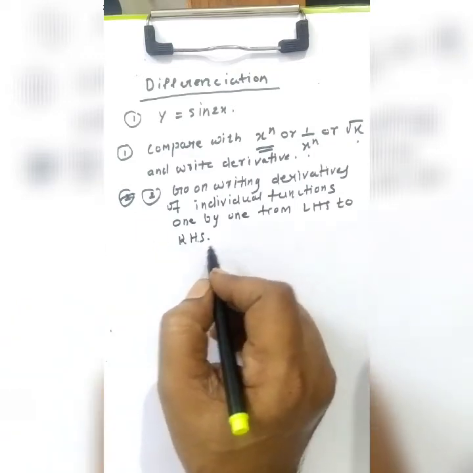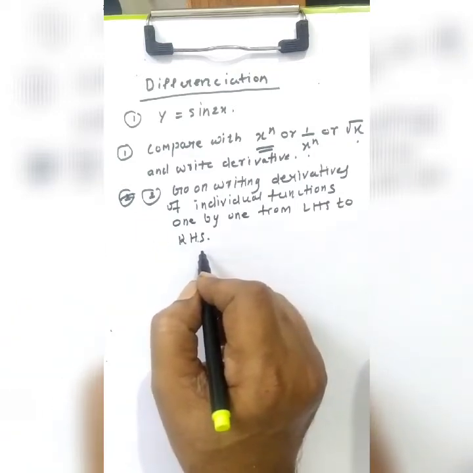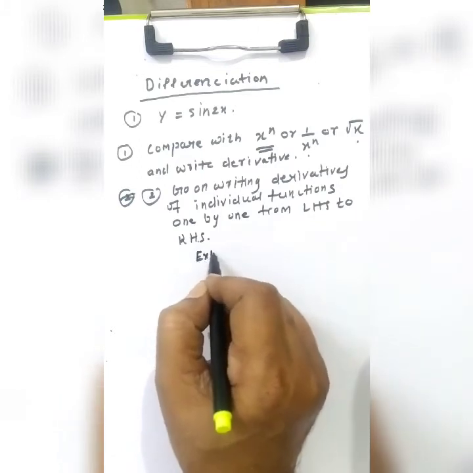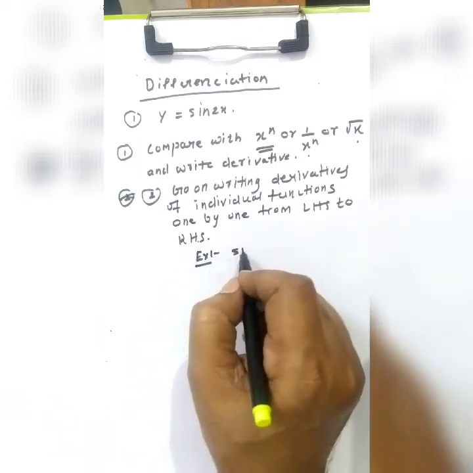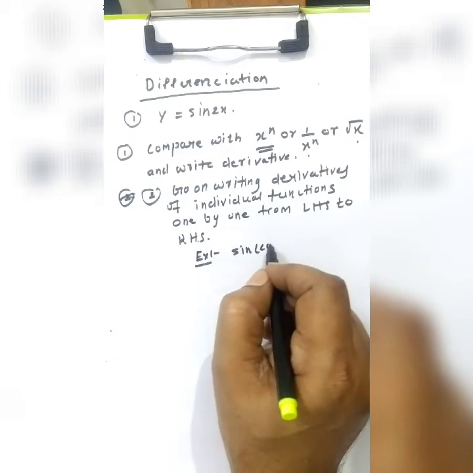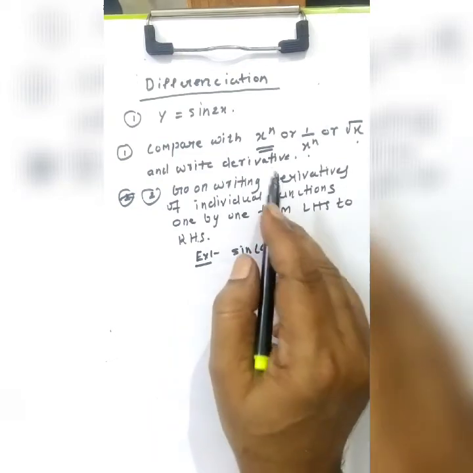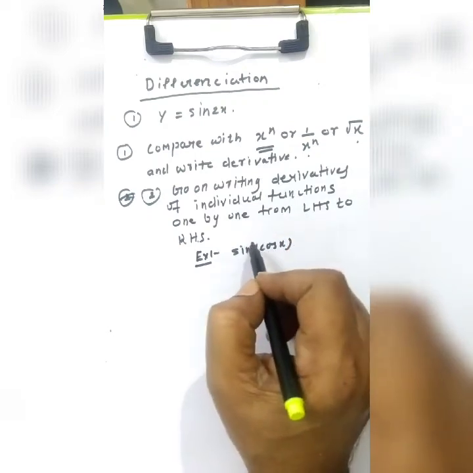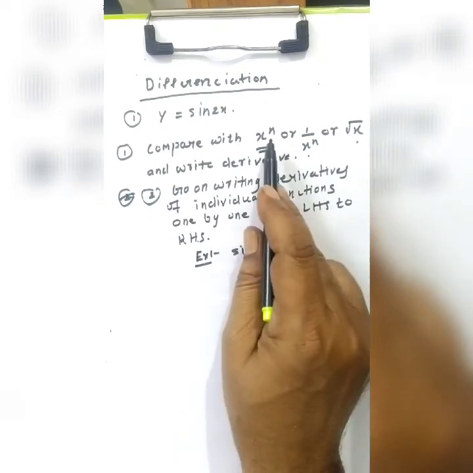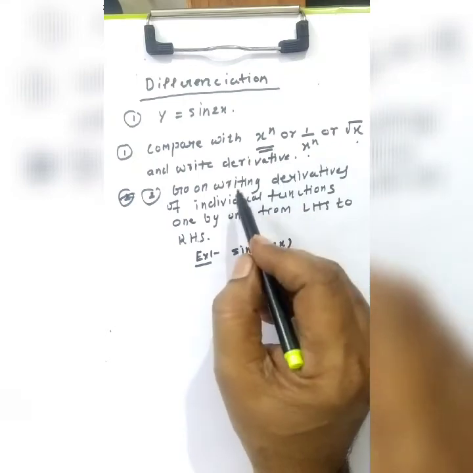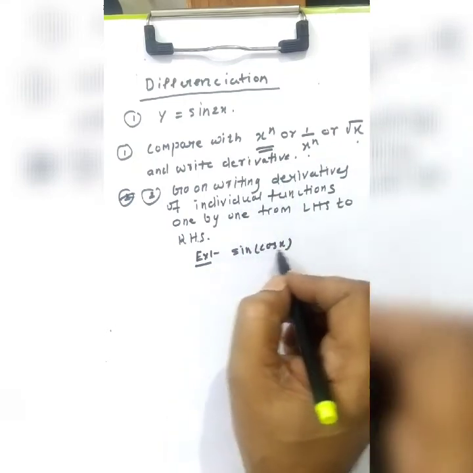What do you mean by individual functions? I will tell you here. For example, sine of cos x. There is no power here, so you cannot compare with x raised to n or 1 upon x raised to n or root x.